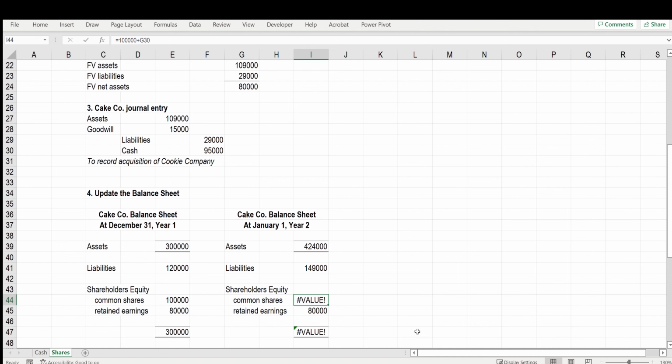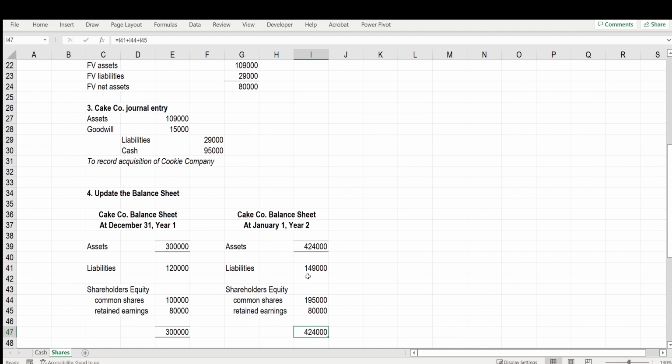So we had previously $100,000, but now our common shares reflect what we paid as the acquirer. We paid $95,000 in common shares of Cake Company, so our common shares have now gone up. Our retained earnings is untouched, so now our assets balance with the liabilities and shareholders' equity of $424,000.